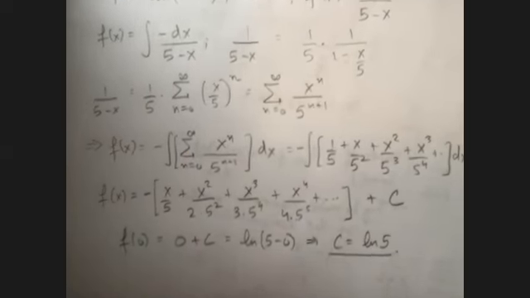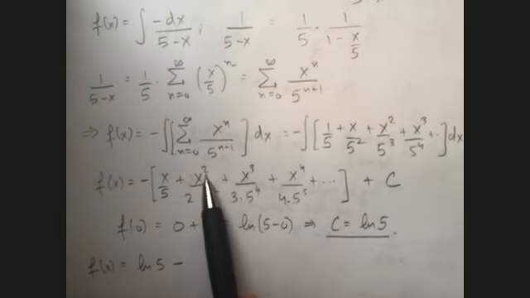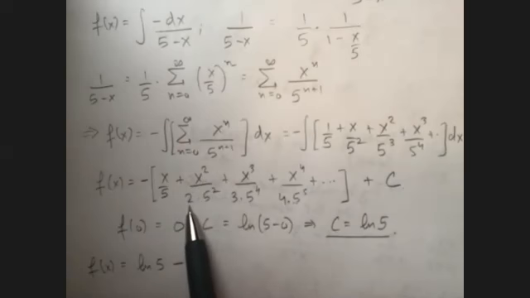So now we can rewrite f of x as ln of 5 minus this whole thing. So if x is to the n, you have n here and you have n plus 1 here.